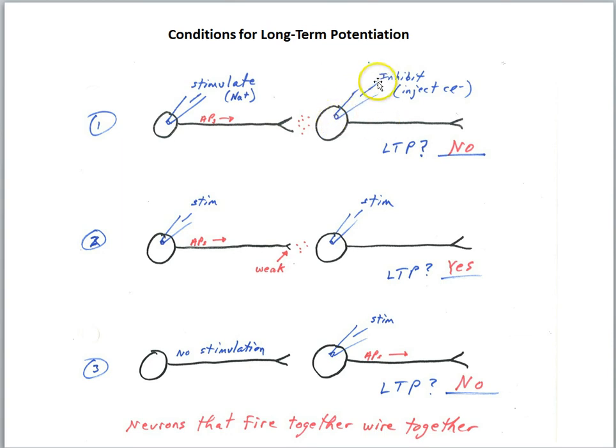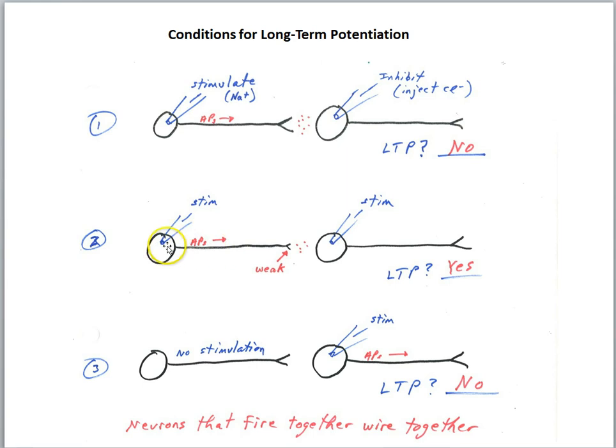So they hyperpolarized it. They injected chloride ions, negative current, into the cell to prevent it from responding. Under these conditions, you do not get the LTP phenomenon. You do not strengthen the synapse. It's as if the target cell must fire in order for a synapse to be strengthened.